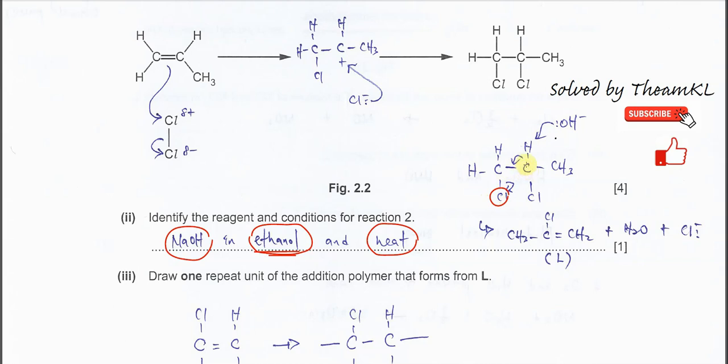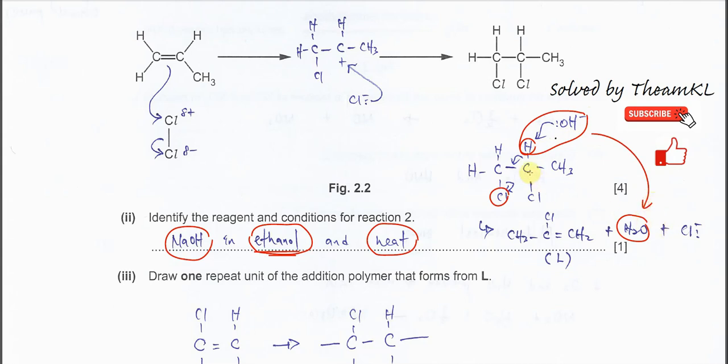So on this adjacent carbon, the hydrogens that bond to this adjacent carbon will get removed. This means the hydroxide will react with this hydrogen and form H2O. So these two will form H2O.